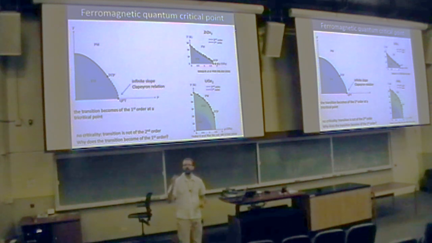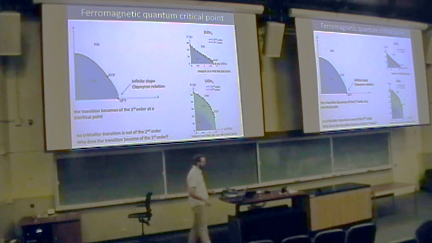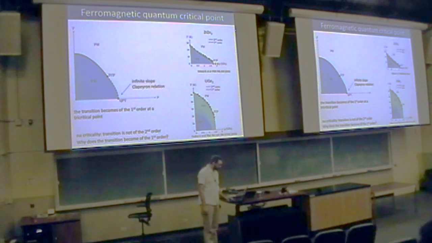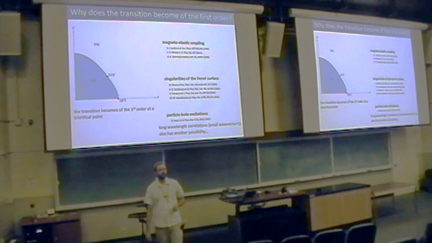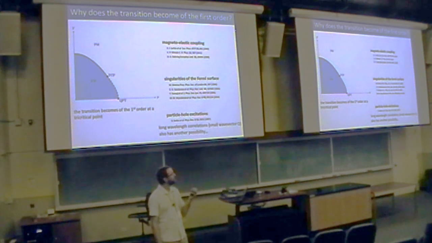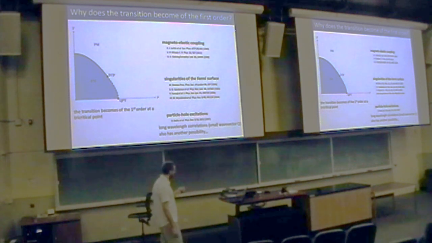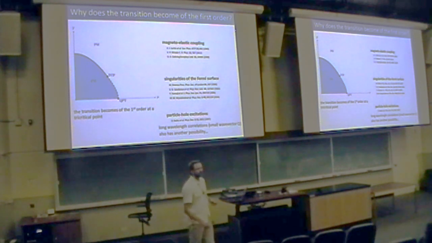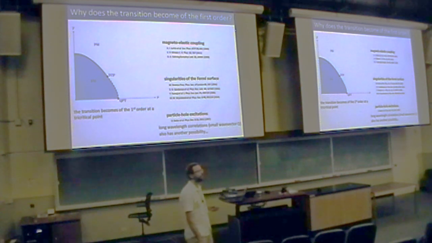And so the question is, why does the transition become of the first order? And people have considered that. There are several theories out there. One possibility is that the magnetization couples to the lattice. And it was shown already a while ago that this can lead to a first order ferromagnetic transition.